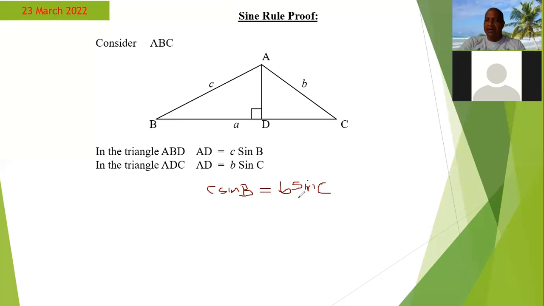So if you're multiplying on the right by sine C, you could take it to the left and divide by sine C. So if we move this to the left, we will get C sine B divided by sine C, and that would be equal to B.